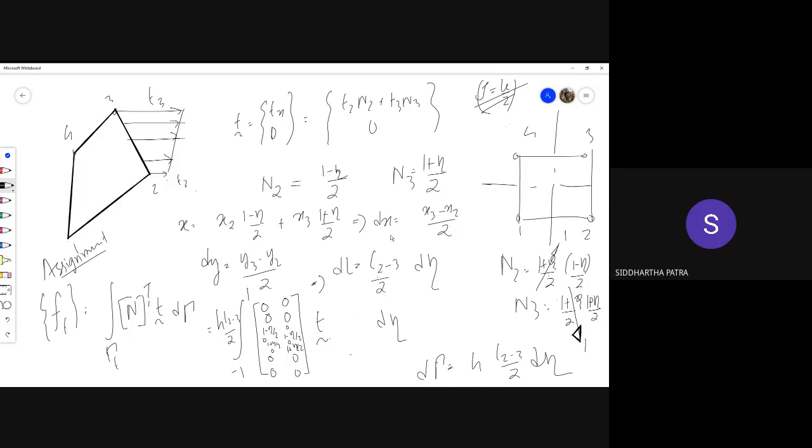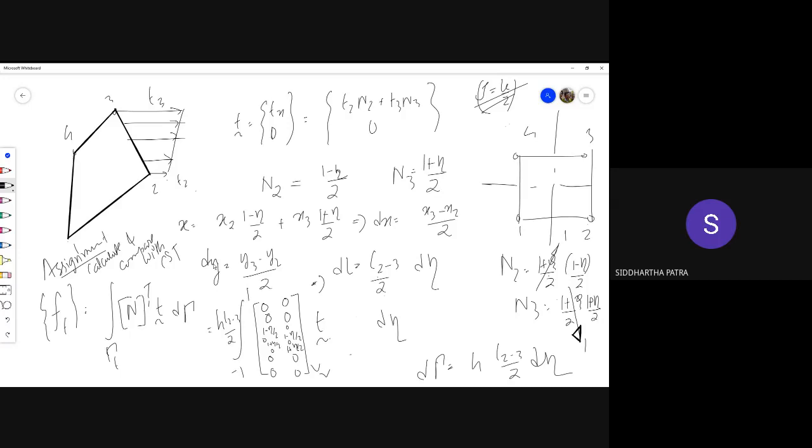Okay, so you can write down the n transpose. I might be wrong with this expression, but you need to check that and correctly put it over here, and then integrate this. Okay, and see what sort of expression you get for the force vector, and compare that with the result that you have obtained for the CST element.